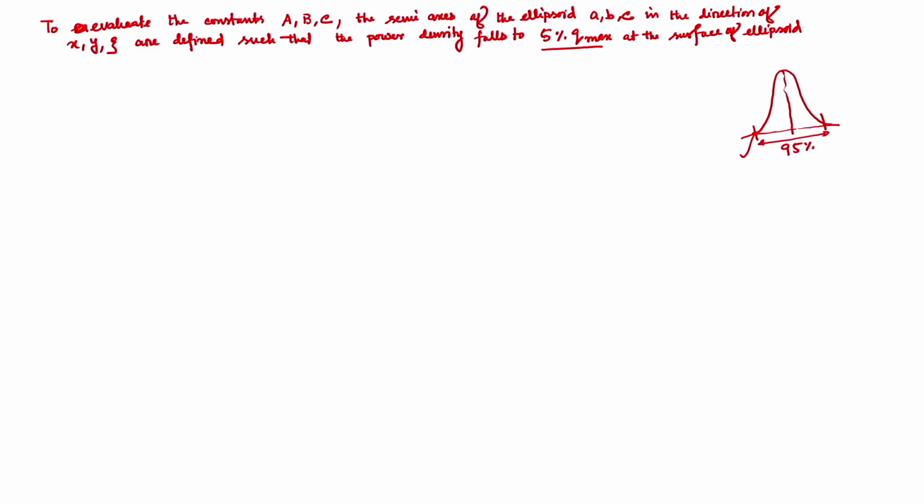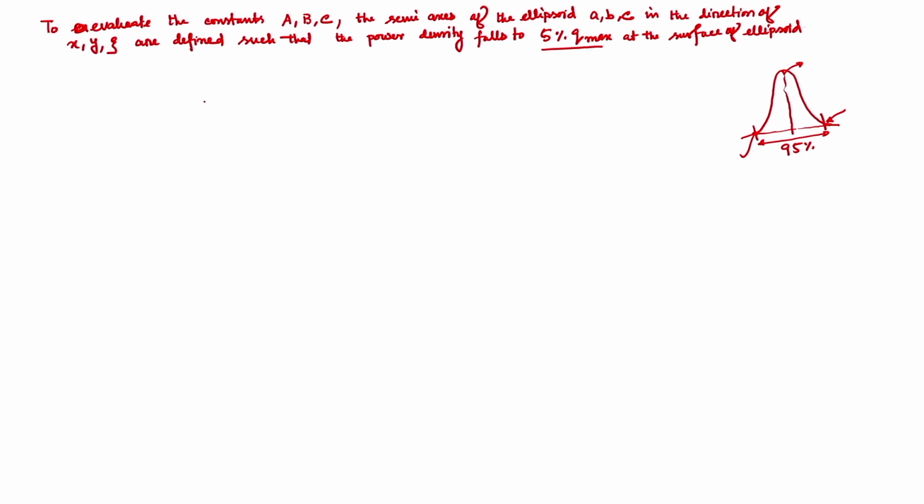Let us say the peak, Q max, is 100%; the boundary value is 5% of that. So, this is the condition we will impose.